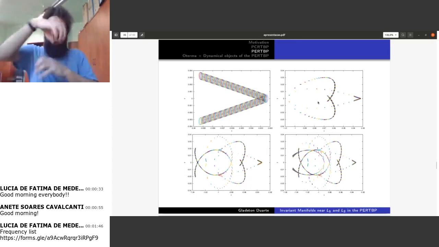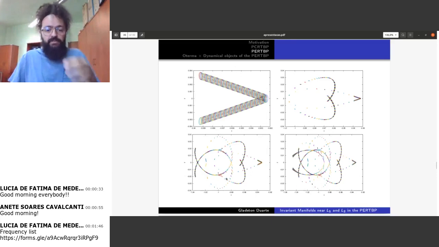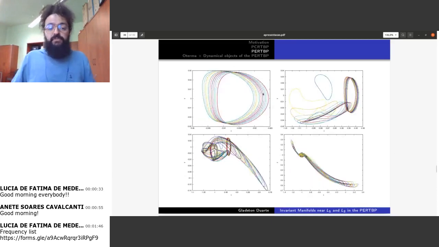And then it folds around many times. And it's just an illustration of them. This is for one of the tori, just one of the manifolds. This is the unstable manifold of one of them.